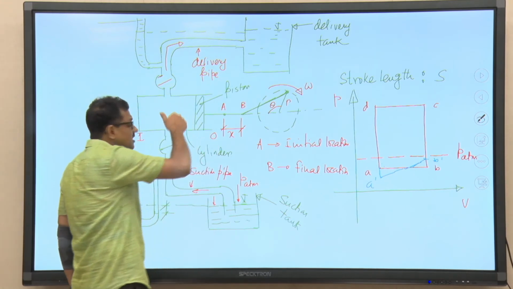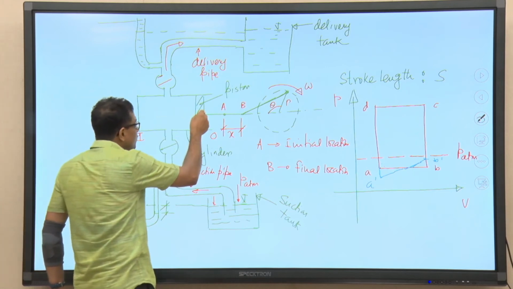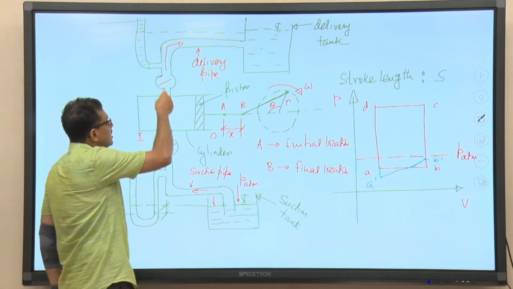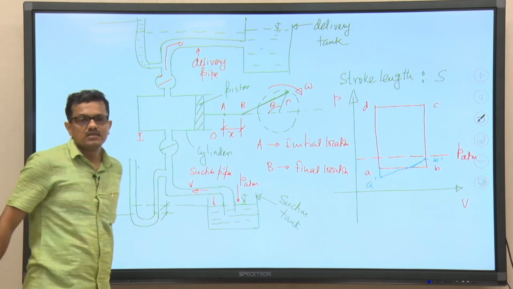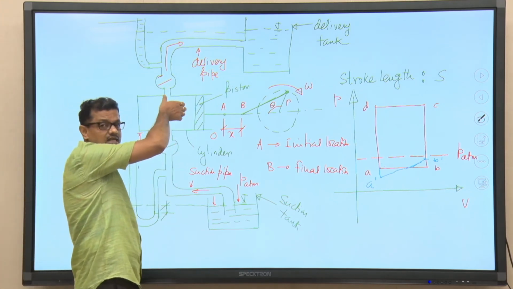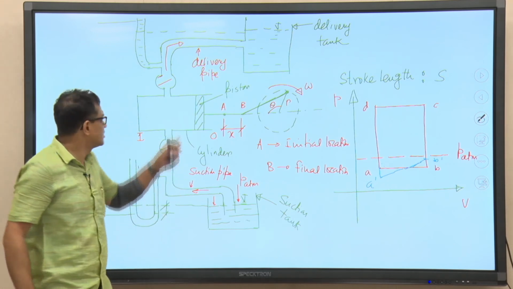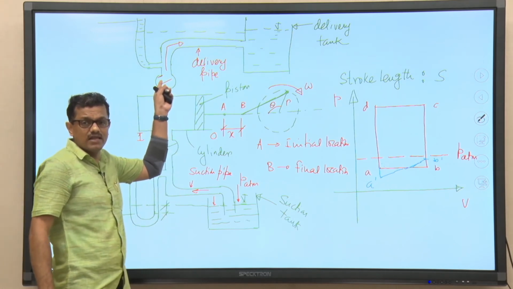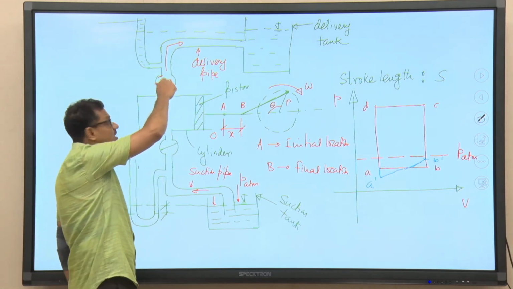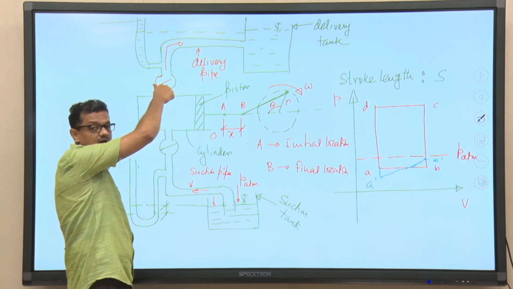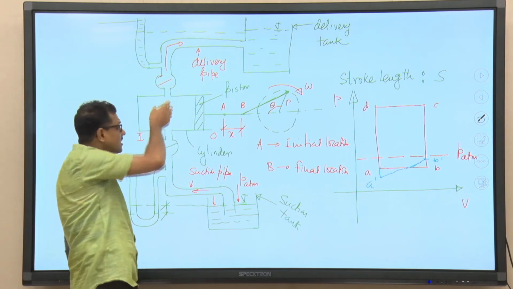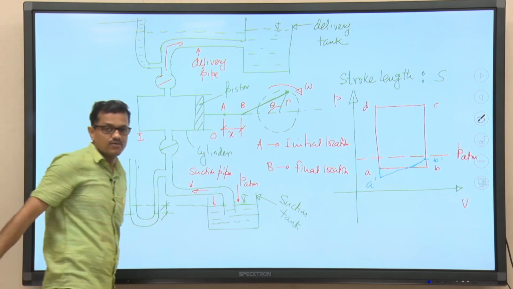So it is very unlikely that the valve will open instantly the moment the piston creates thrust on the liquid mass, because it is a mechanical element and also has inertia. We need to create sufficient force imbalance across the delivery valve to lift it off, and then the liquid will be discharged from the cylinder to the delivery tank.